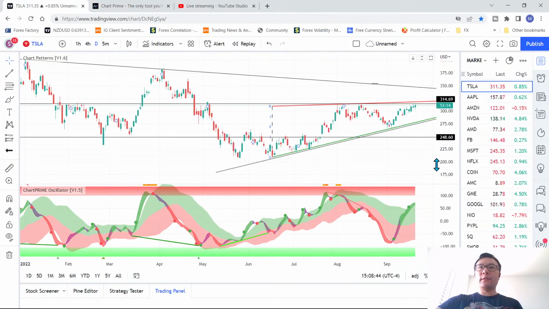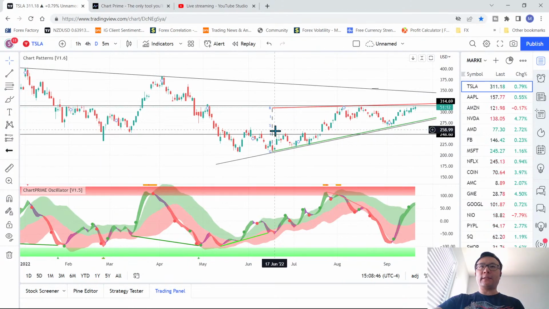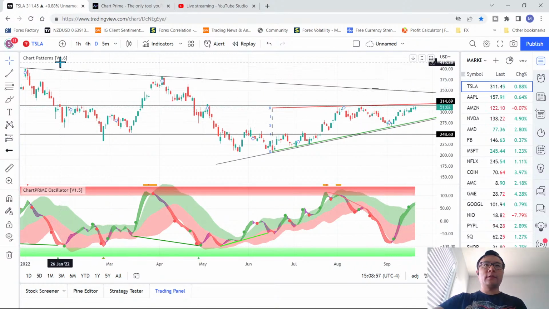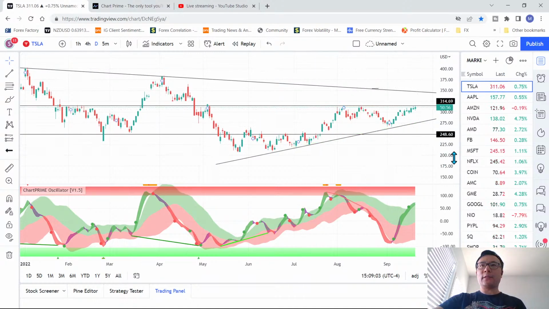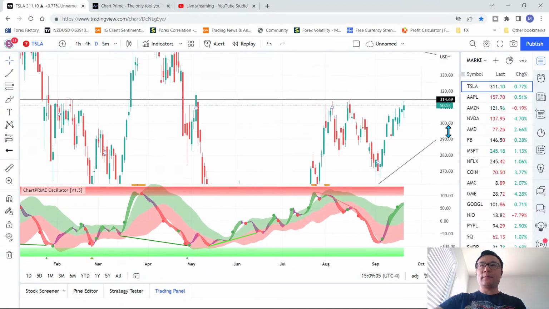Okay, and there you go. What you can see here is actually an ascending triangle. It hit this resistance level, came back down, hit this resistance level again, came back down, and is now ready to break out. So the chart pattern that Chart Prime indicated is a potential break of this level.